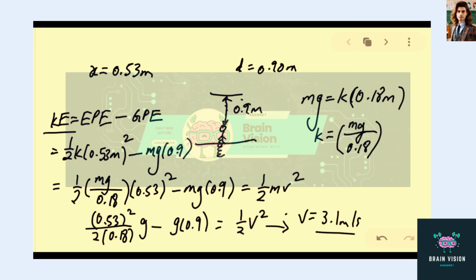Now we want to assume that there's no ceiling. In this case, we want to find what is the height that he will be able to reach. So basically, at that point in time, the total kinetic energy must be zero. It wouldn't be moving, and so the elastic potential energy is completely converted to gravitational potential energy.